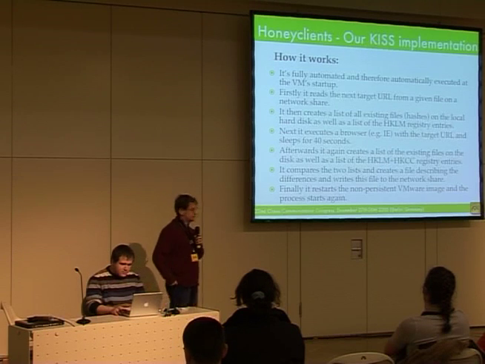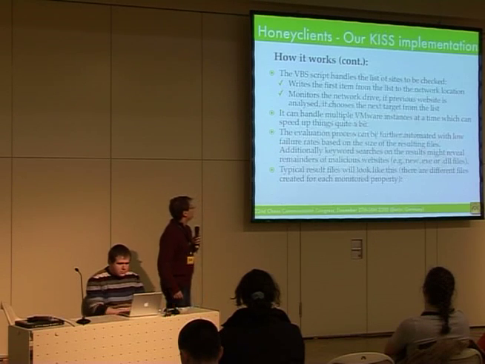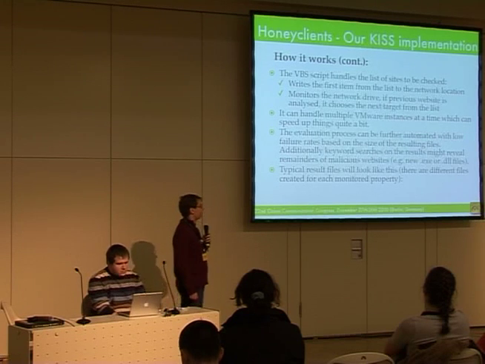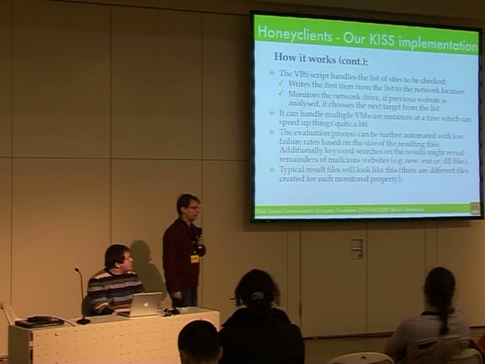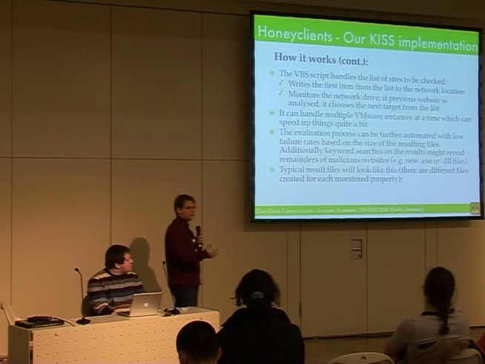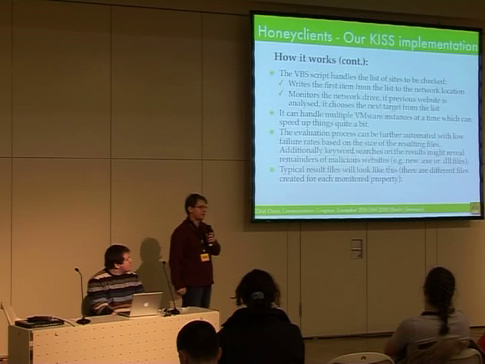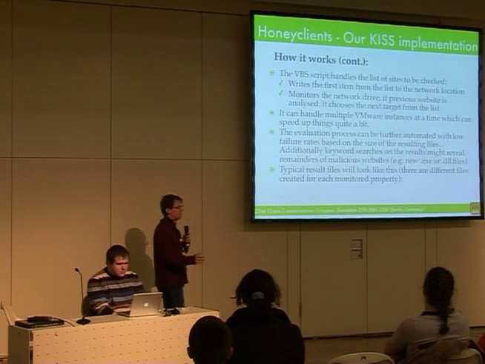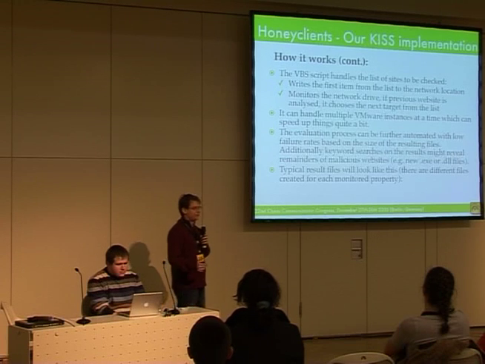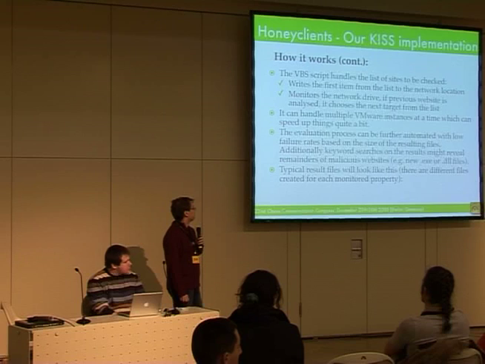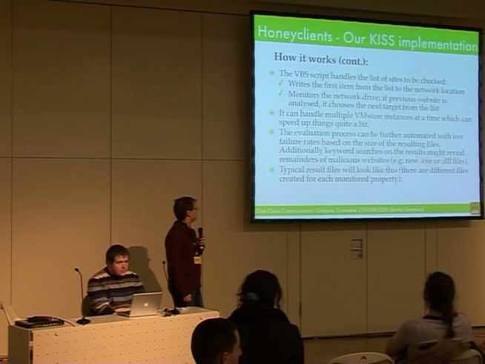Also part of the tool is a script outside, which is a Visual Basic script, which does nothing else but look at that network location. If results appear there, because the Perl script writes the results back to that share, it changes the URL in the file, so the next URL will be executed.